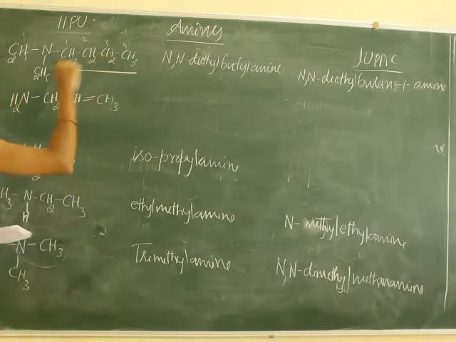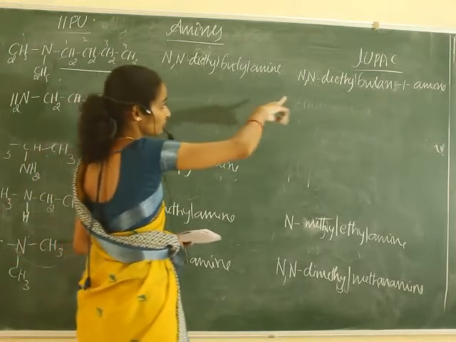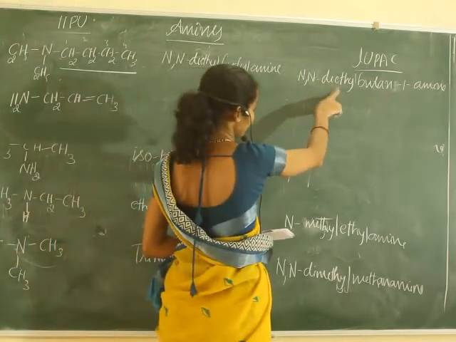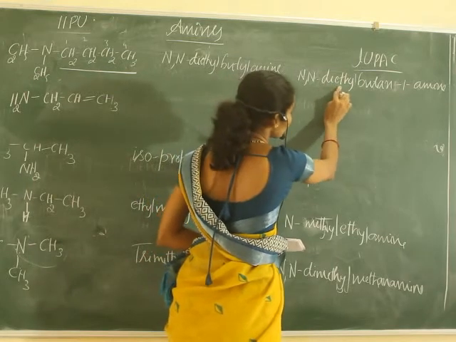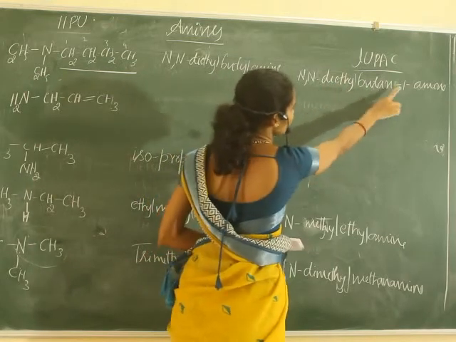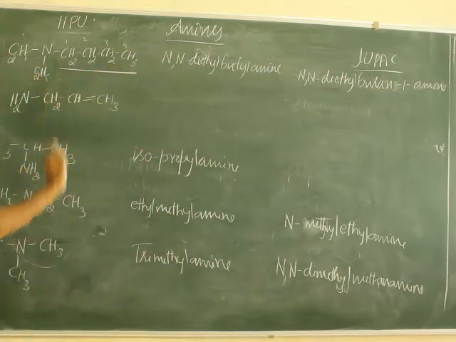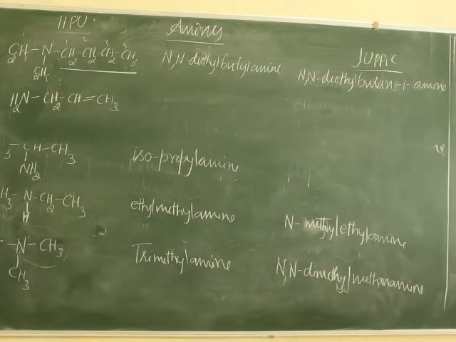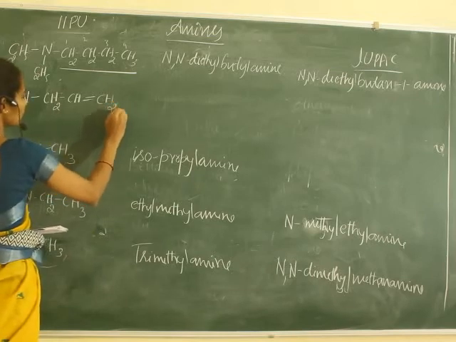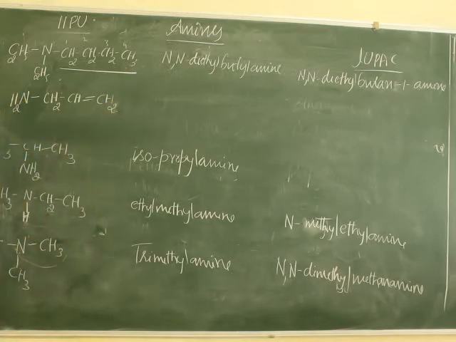Okay, don't get confused. I got confused here because of N,N-dimethyl. If there are two amine groups, then you must retain the E of the alkane. Be careful.